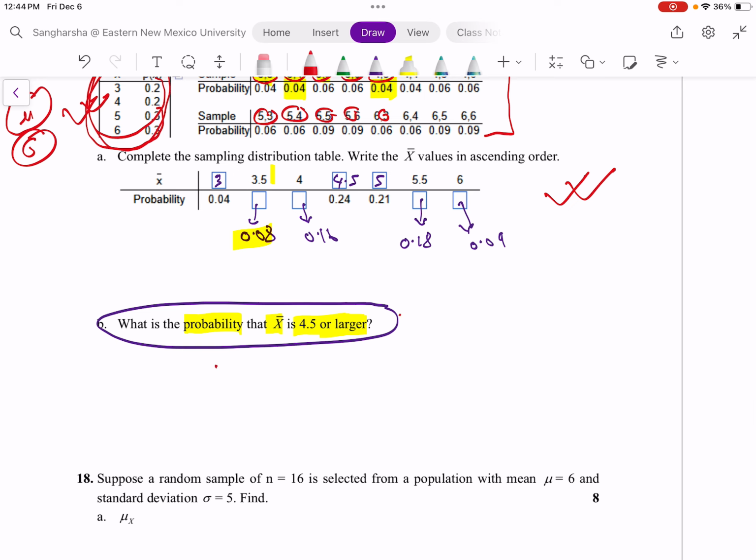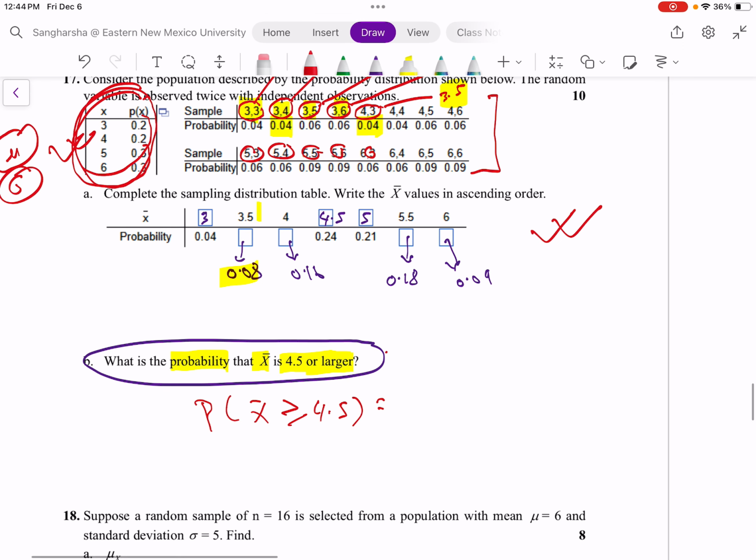Now here, the probability that x bar is 4.5 or larger means greater than or equal to 4.5. How many means do we have equal to 4.5 and greater? So we have 4.5, 5, 5.5, 6.